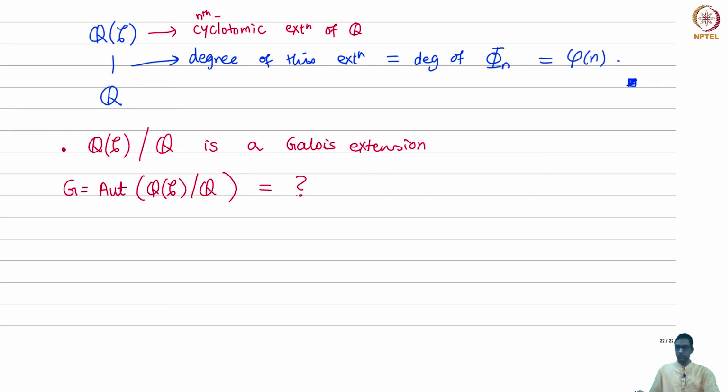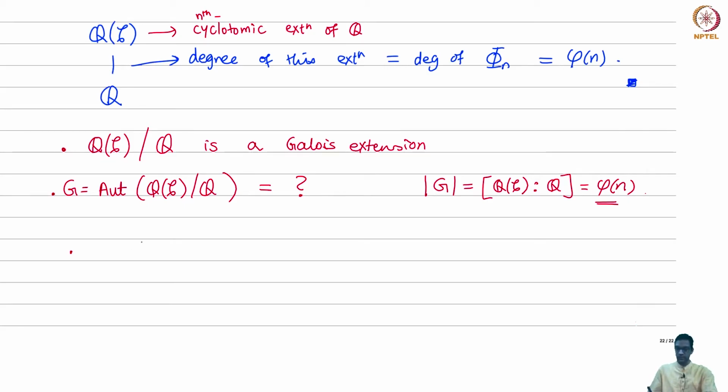We know something about it already. From the fundamental theorem of Galois theory, the cardinality of the Galois group is just the degree of the extension, which is phi(n), Euler's totient function of n. So what we will do next is construct explicitly these phi(n) many elements in the Galois group.